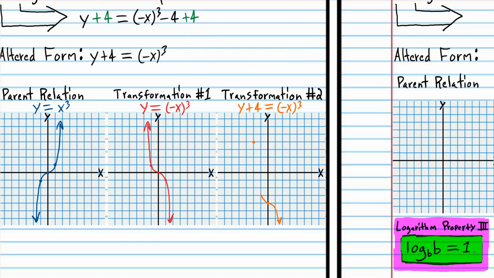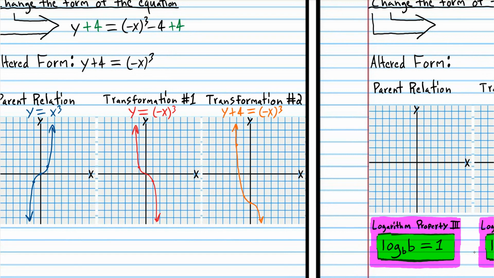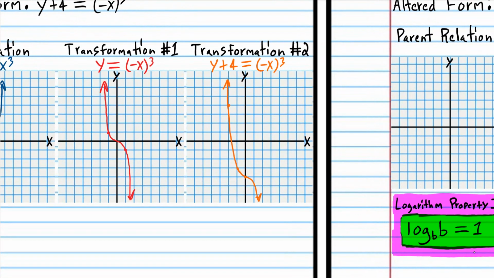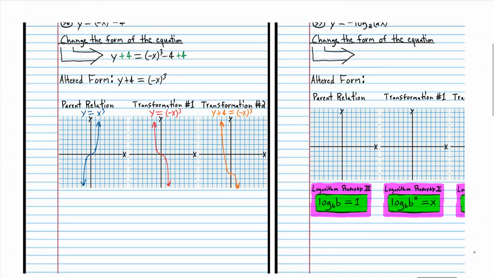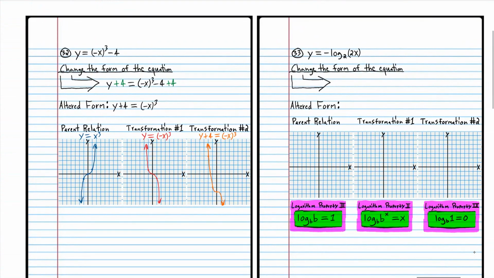Whoops, yeah, that's the right point. So there you go. My graph wasn't perfect. Maybe I should redraw that. Your graph doesn't have to be perfect. Okay, so if you got that one right, good job.